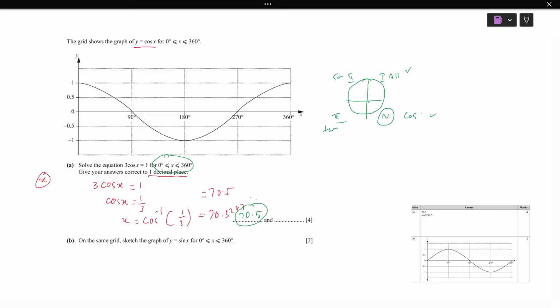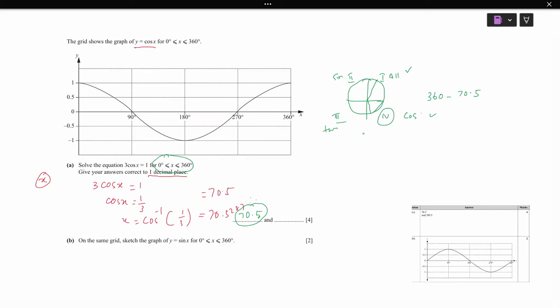Here 70.5 is approximate. Here it is positive, so the reflection of 70.5 is 360 minus 70.5, and the answer is 289.5.